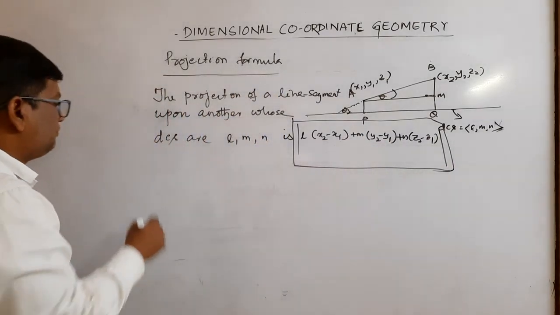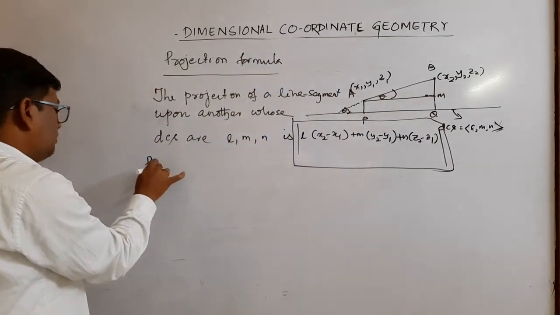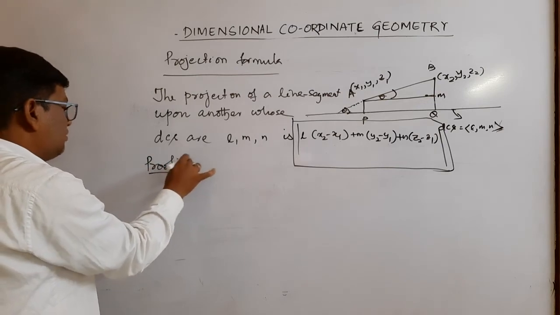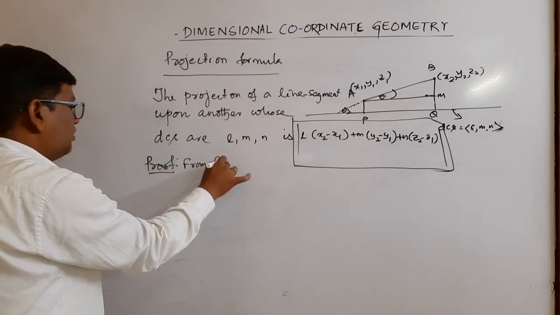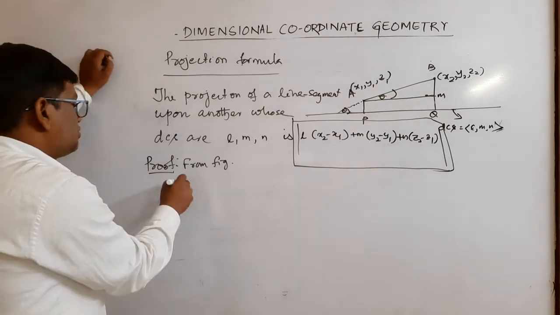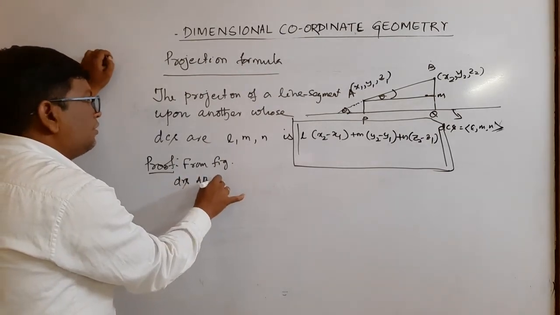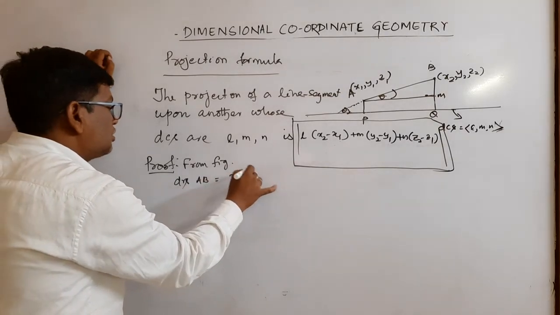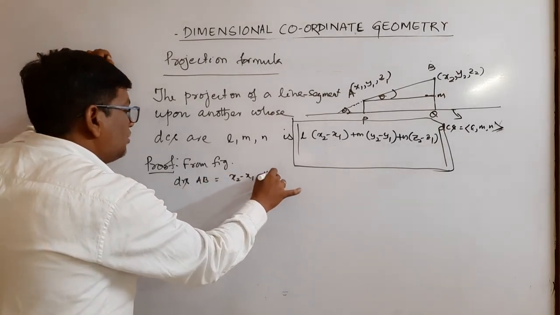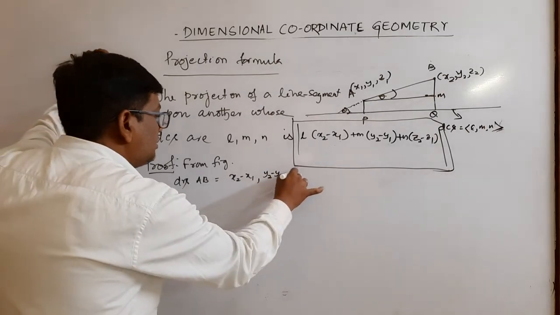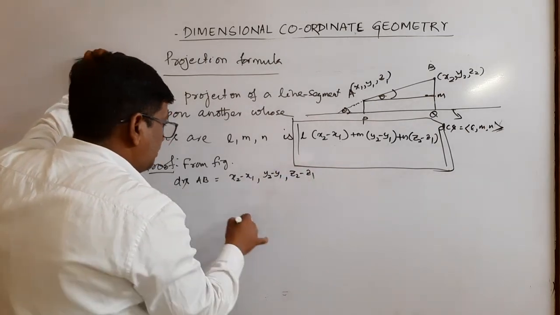Now prove it. From the figure, the DRs of AB are x2 minus x1, y2 minus y1 and z2 minus z1.